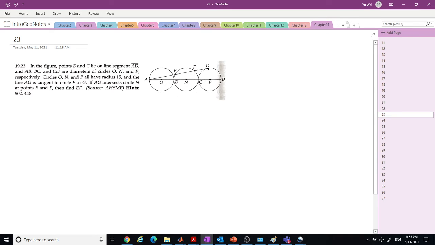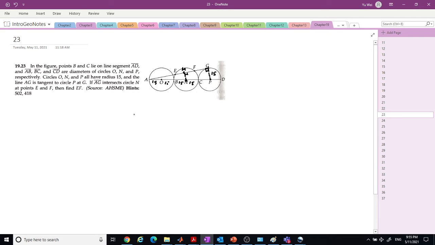When we deal with a tangent point, we always connect the center with the tangent point because there is a good property of 90 degrees. So how many 15s do we have? 15, 15, 15, 15, right? And we always do this, and N perpendicular bisects EF, okay? So we are trying to solve for EF.